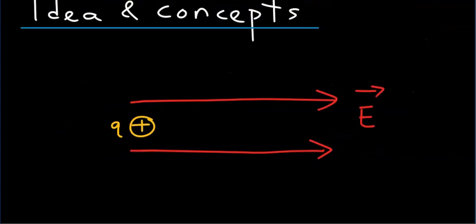What do you have here? You have a positive point charge, and it is moving in a region with an electric field heading rightward.